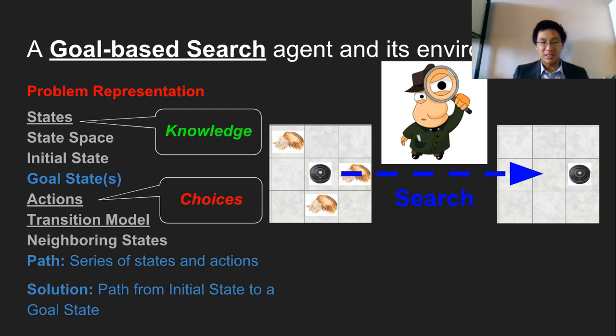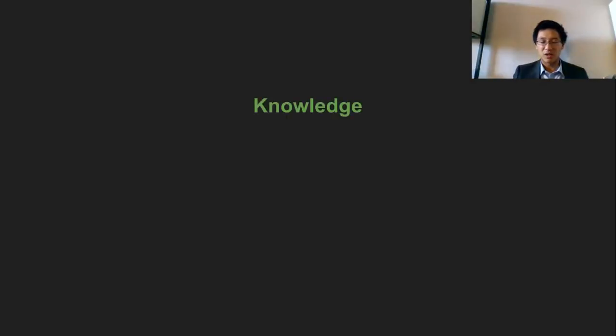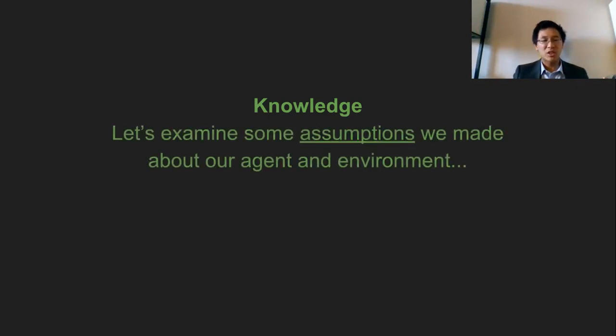I want to revisit the knowledge that we asserted so quickly about the states of our environment. We assumed a number of things, even if you don't realize it. So I want to go back and examine some of those assumptions, both about our agent and the environment that he's in.